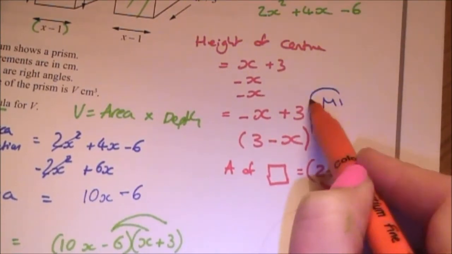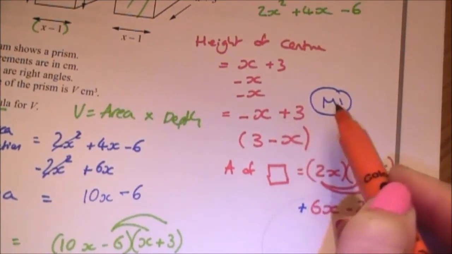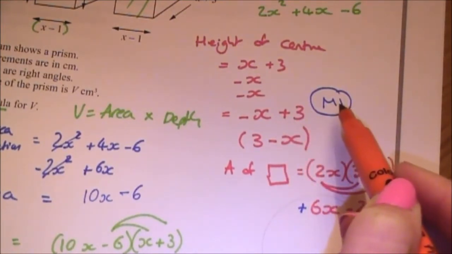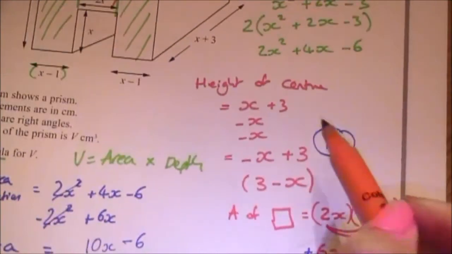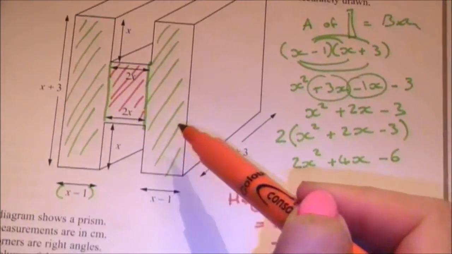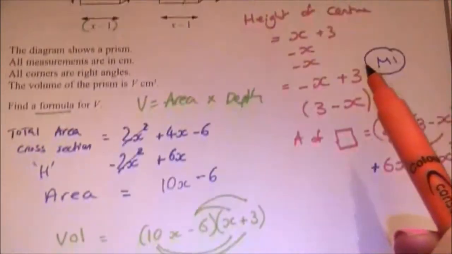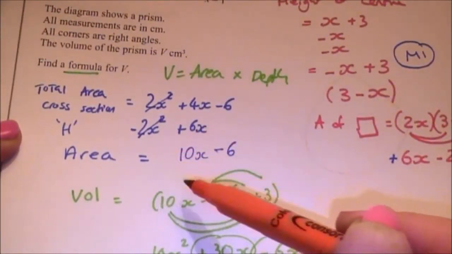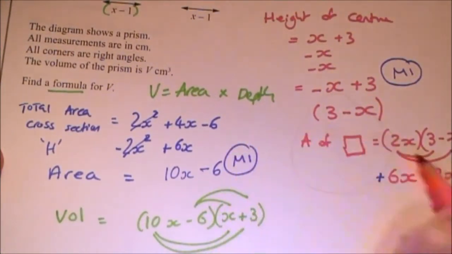So that gets me a method mark. My second method mark then is for having a correct expression for any one of the areas. So it could be for that area, or it could be for that area. Either way, I get 1 mark for finding the correct area.